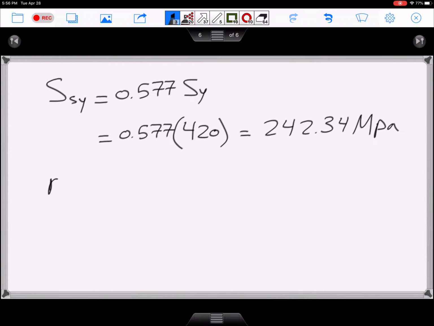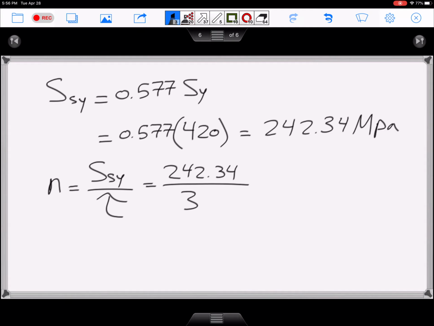Let's use this equation now. Factor of safety is equal to Ssy over the shear stress. So Ssy is 242.34 over the shear stress, which was 334, and this ends up being 0.728.